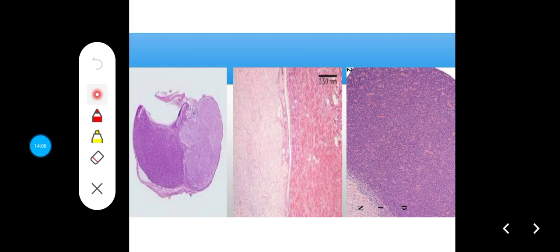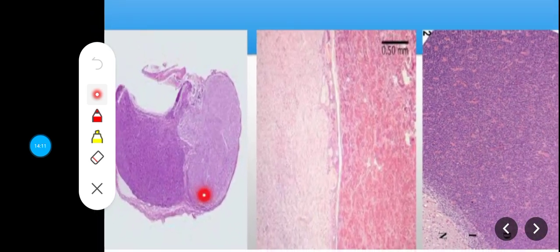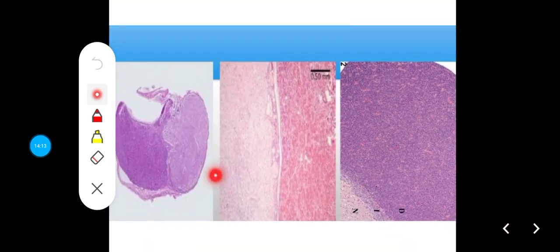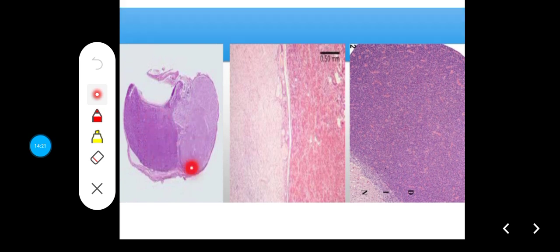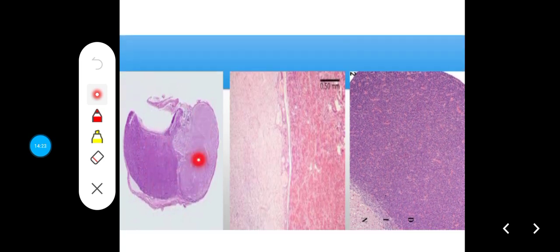So let's look at other images. So this is the pituitary gland. You can see the pars distalis, which is the anterior pituitary that stains very well. And then clearly distinct is the posterior pituitary, which doesn't stain well.